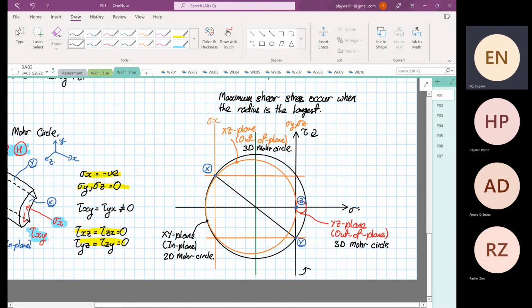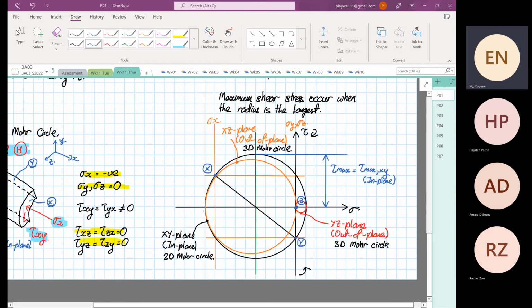But you realize that, there are two things I want you all to see down here. The maximum shear stress, over here, is our tau max. It is the biggest diameter. The tau max we see over here is due to the tau max in the XY plane, or tau max XY, which is the in plane.